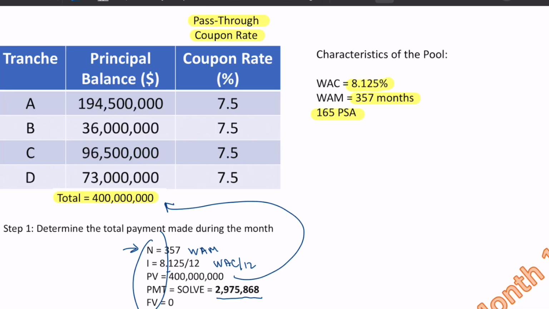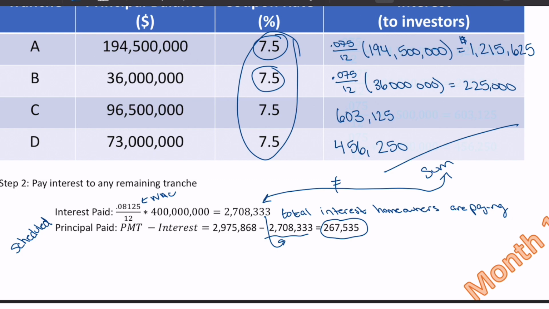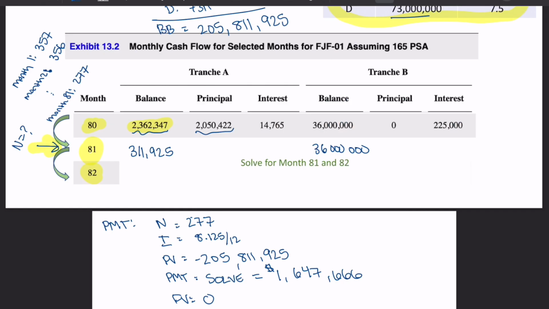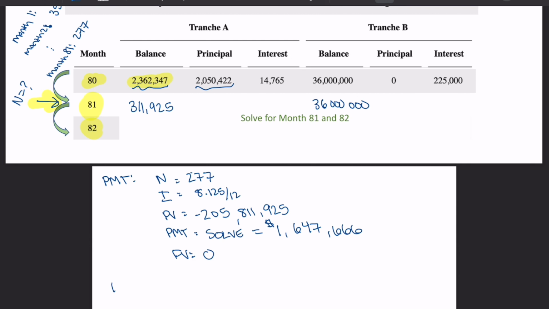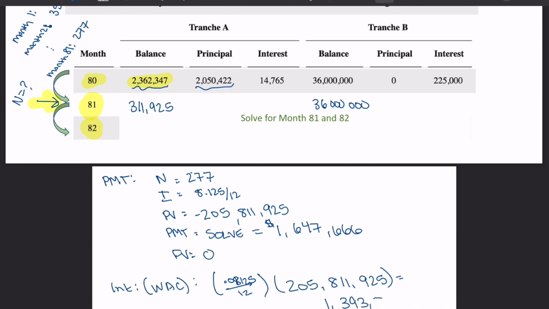Now with that payment, what are we going to do next? We're going to divide that into interest and the scheduled principal. So interest, based on the weighted average coupon, ends up being 0.08125 over 12 times the beginning balance that month, $1,393,518.